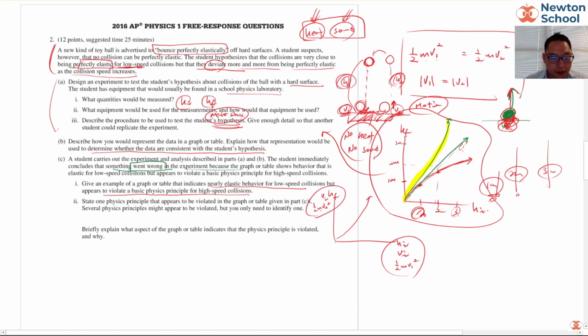And state conservation of energy, right? Conservation of energy, and prove why. Energy is added after bouncing, which can't be possible. So that's how you elaborate this, okay?